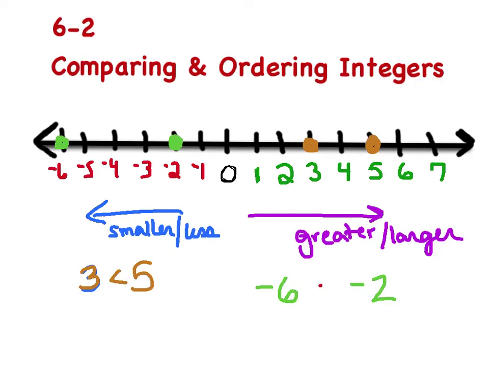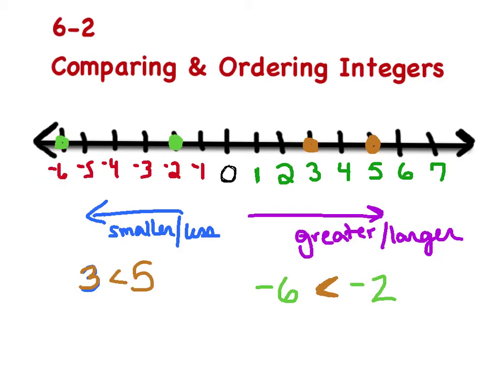But in this case, negative 6 is to the left of negative 2. Therefore, negative 6 is actually less than negative 2, because it's to the left. It's smaller. While the negative 6 is farther away from 0 than negative 2, the actual value of negative 6 is less.